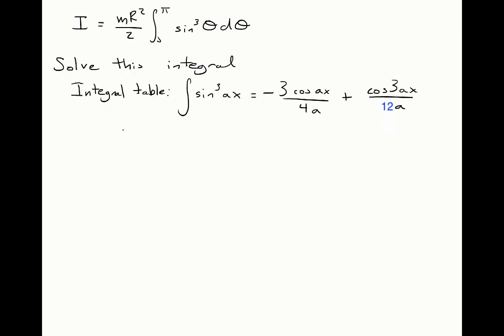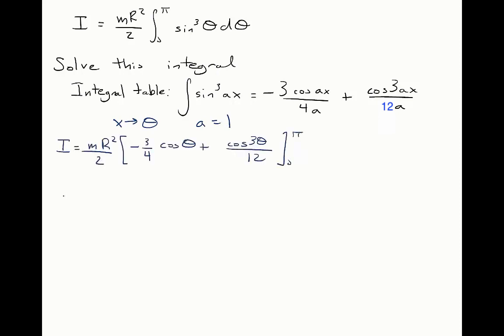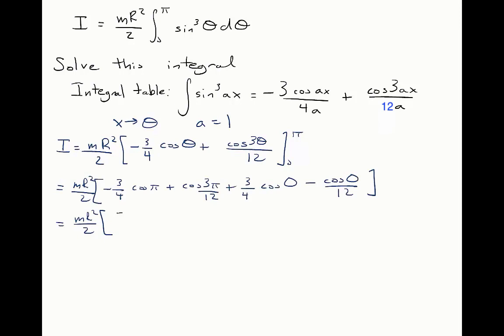Okay, so to use the integral table, x goes to theta, and a equals 1. So if we plug this in, then we have, well, the cosine of pi is minus 1, so this becomes positive 3/4, and the cosine of 3 pi is minus 1, so this becomes minus 1/12. Cosine of 0 is 1.